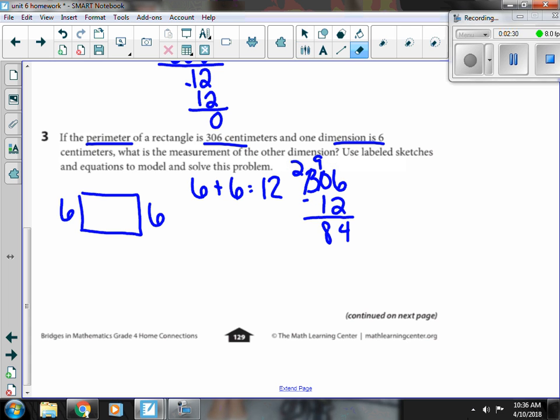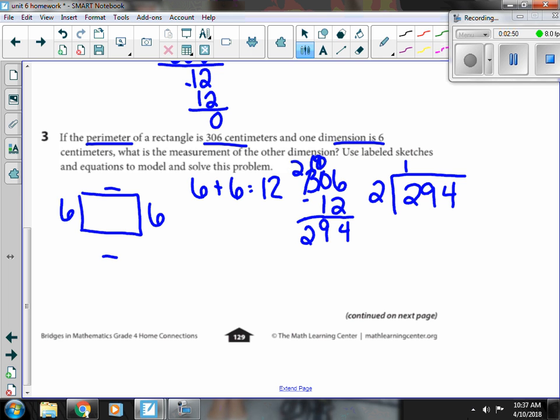So that means I have 294 centimeters left to split up between this side and this side. So I'm going to take that 294 and I'm going to divide it by 2.